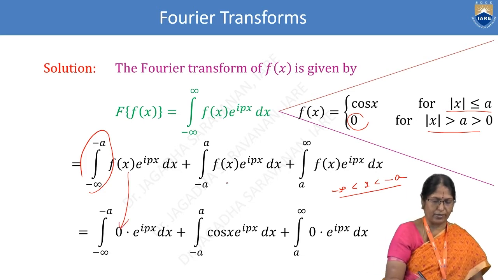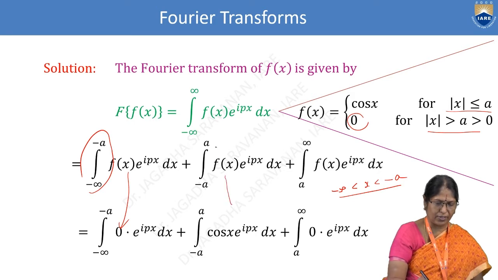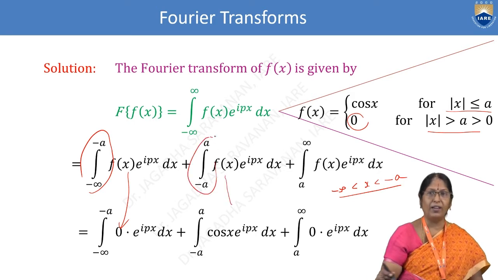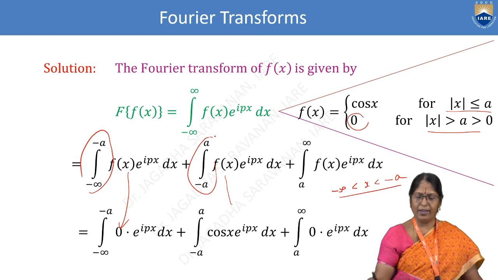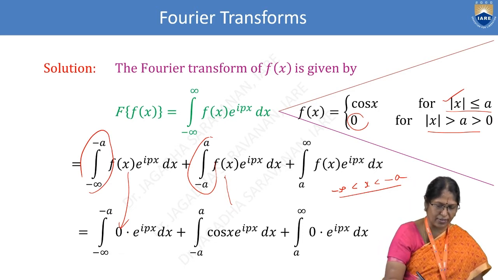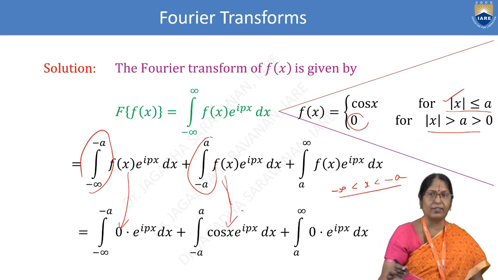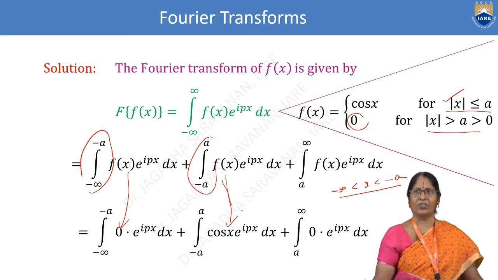Fine. Next, here we are seeing x lies between minus a to a. Exactly, it suits our first condition. That is the reason here f of x is replaced by cos x.